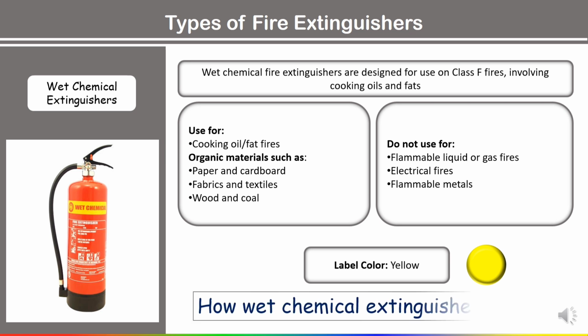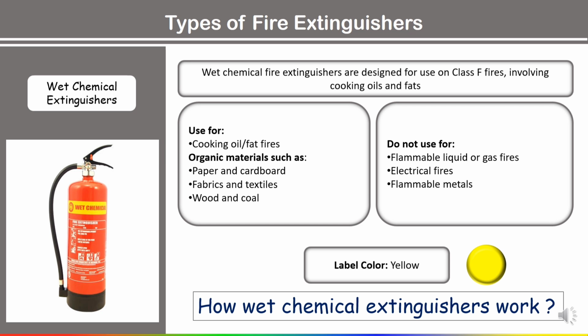Now the next and final question is how a wet chemical fire extinguisher works. So remember, this type of wet chemical fire extinguisher basically works by cooling, smothering and forming a barrier to prevent reignition. Okay, so when the handle is squeezed, the wet chemical agent is released through the nozzle, which you can see in the image given in the slide.